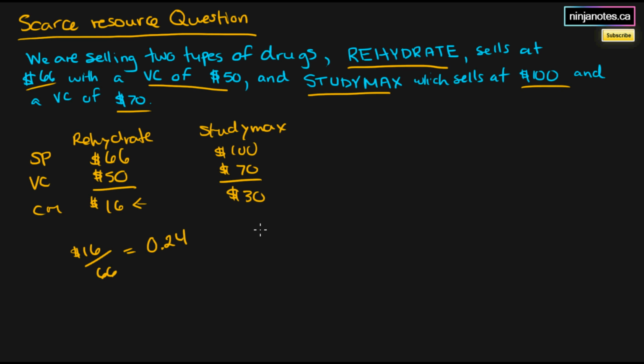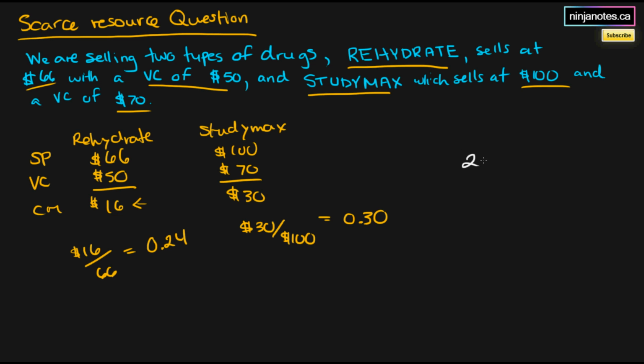Now the contribution margin ratio on StudyMax is 30 divided by 100, which is the same way we came up with this, and that is 0.30, or 30 cents of contribution margin collected for every $1 of sales generated. That should make sense.